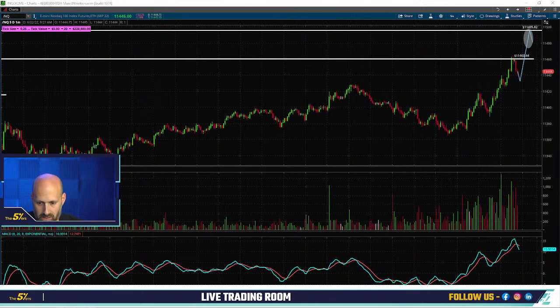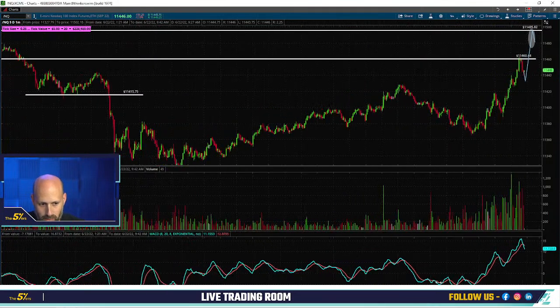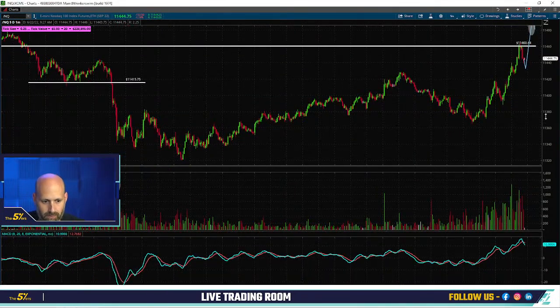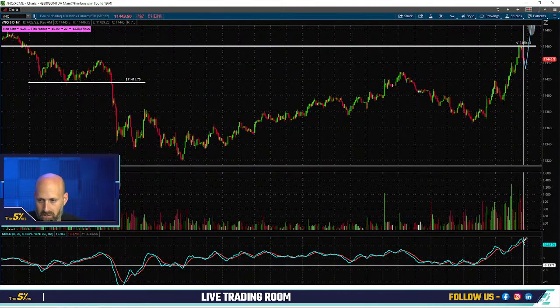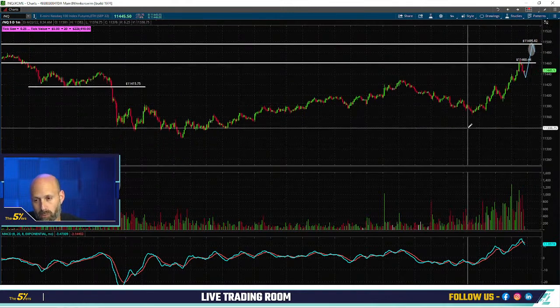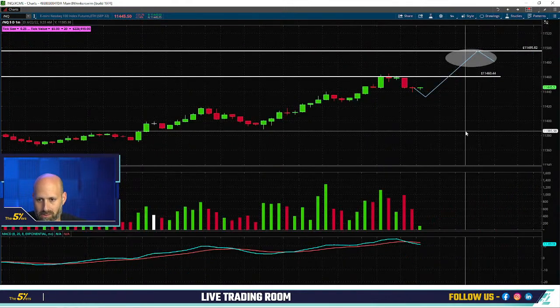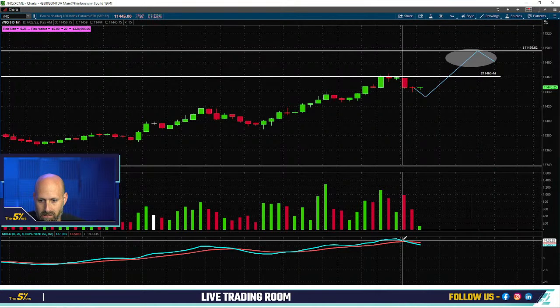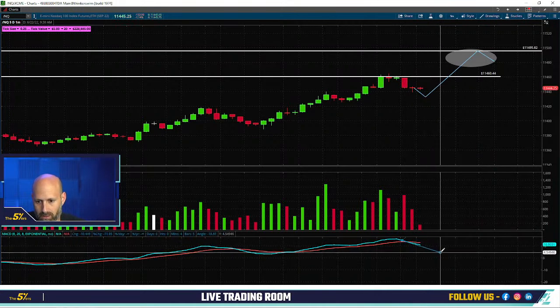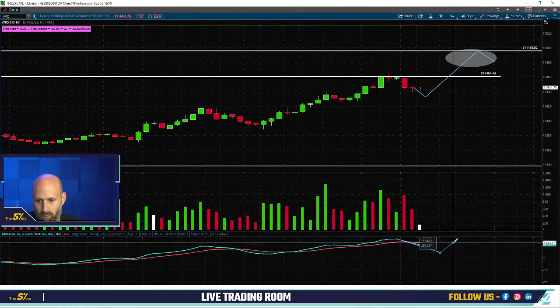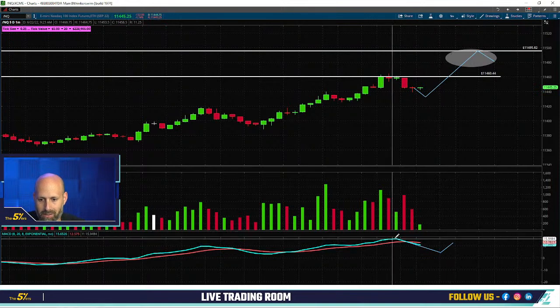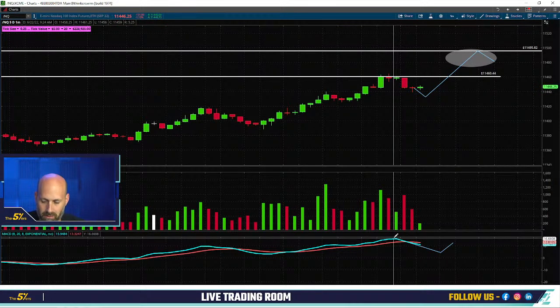So this is what you can expect, and if we already talked about the MACD divergence, you will probably see it right here as well. The price in the MACD will drop and then go up, but not higher than the last high that we had.